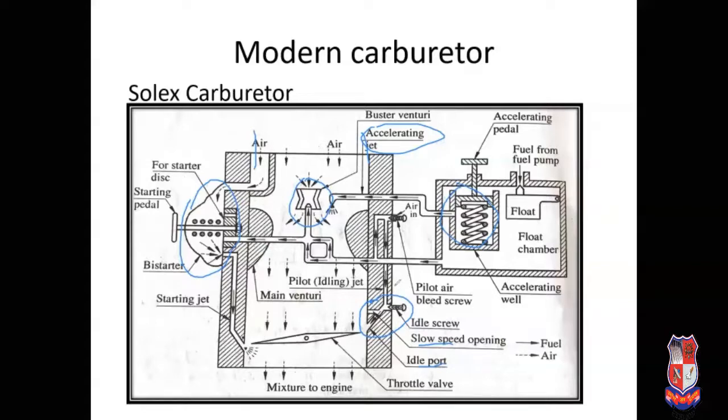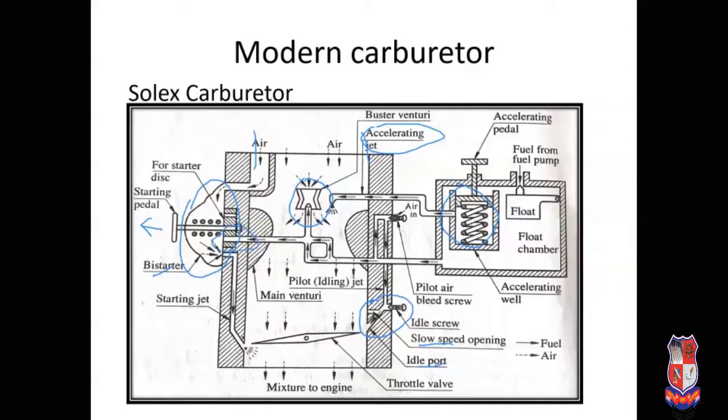During the starting period, a rich mixture is required. More fuel quantity is required than air. So during the starting period, a by-starter disc is used. The by-starter disc has different holes of different diameters. During the starting period, the starting pedal is pulled, so the larger diameter hole is set to this passage line.